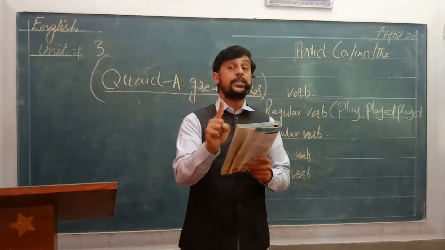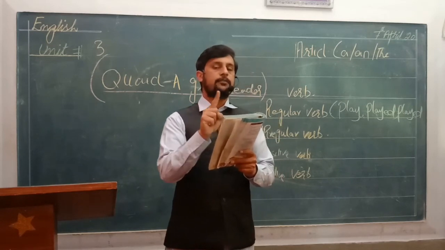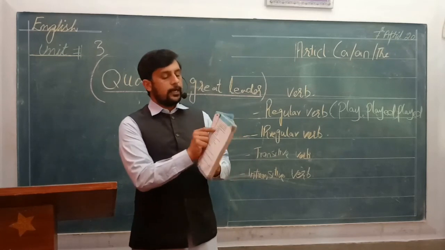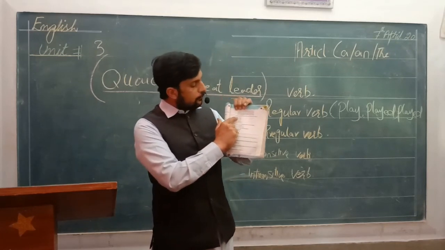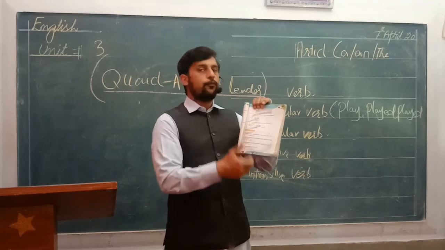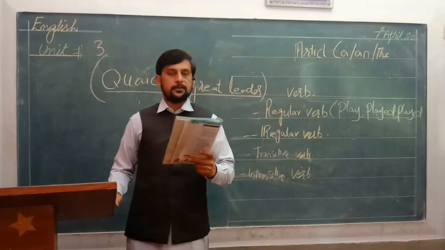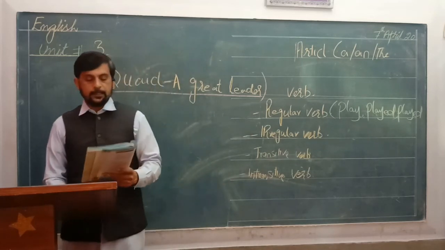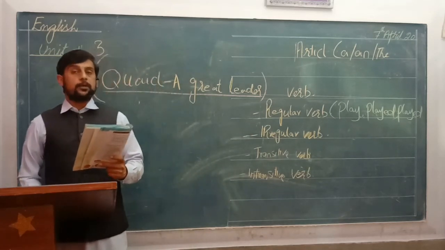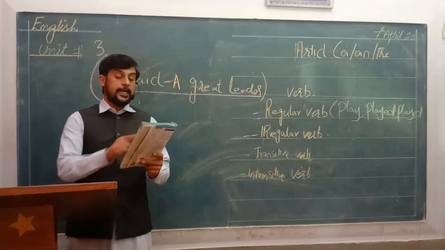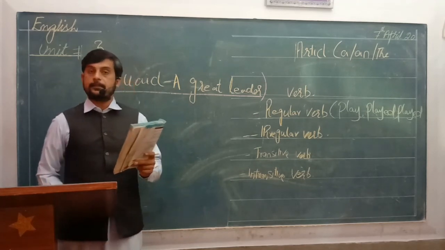We only add ed at the end of the second and the third form of a regular verb. So now you have to find out which one is the regular verb here. So in the first exercise, play is the regular verb. You have to underline play and write it in the blank space.